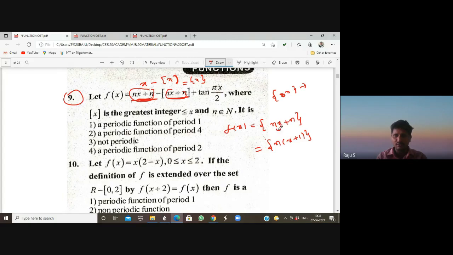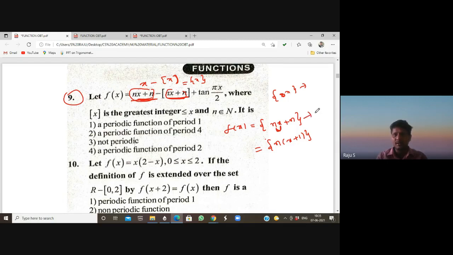Student, what is the x coefficient? n. What is the period of the fractional part of nx plus n? Shall I write 1 by n? Since the period of the fractional part is 1, you cross multiply the x coefficient, giving 1 by n.